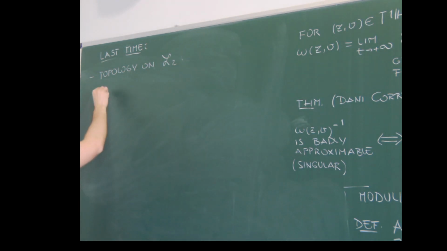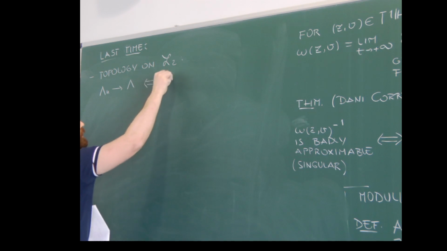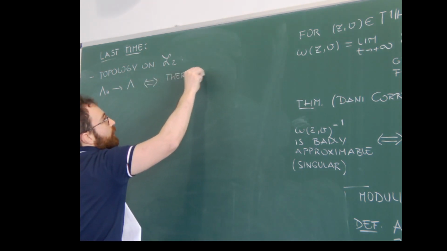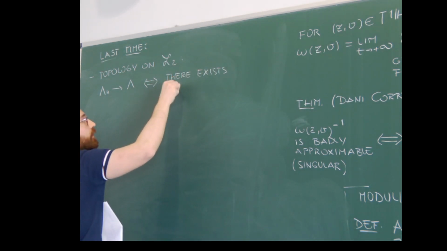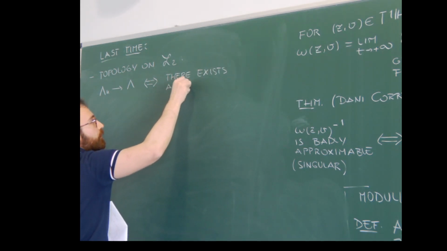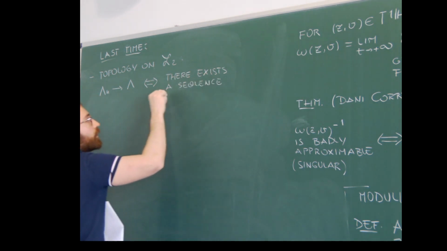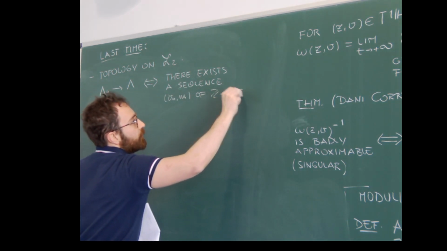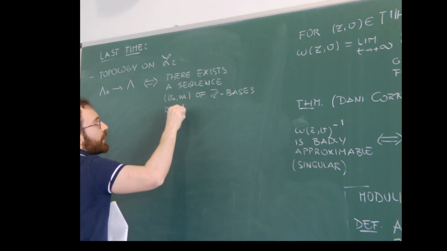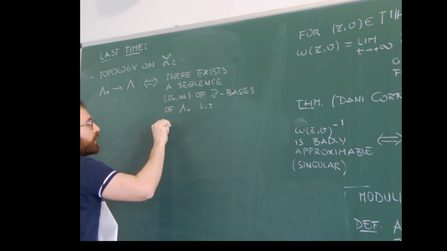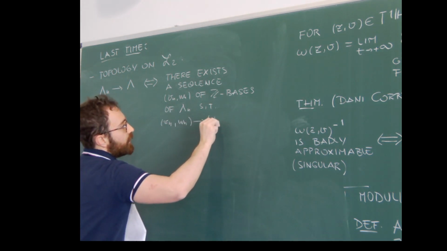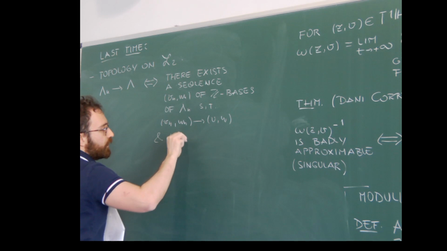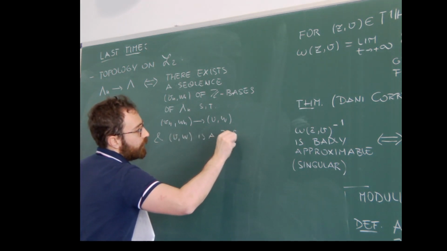If I take lambda n, I say that lambda n converges to lambda if and only if there exists a sequence Vn, Wn of Z-bases of lambda n such that Vn, Wn converges to V, W and V, W is a basis of lambda.